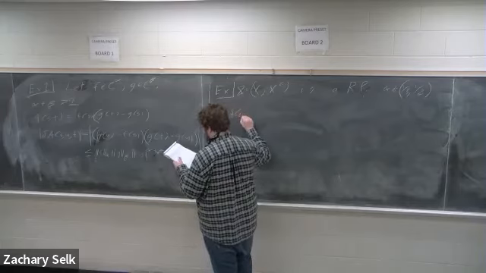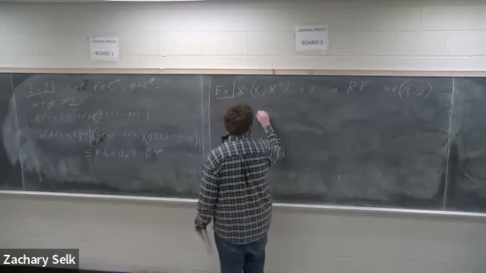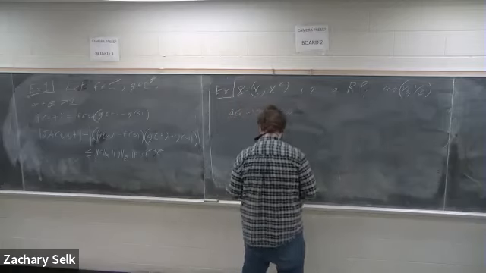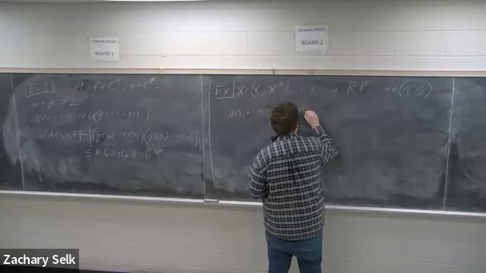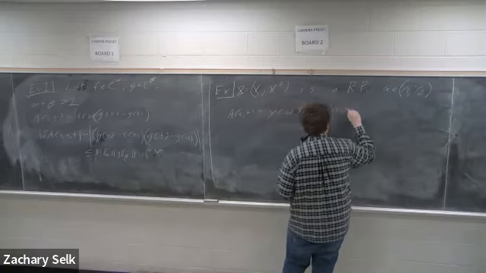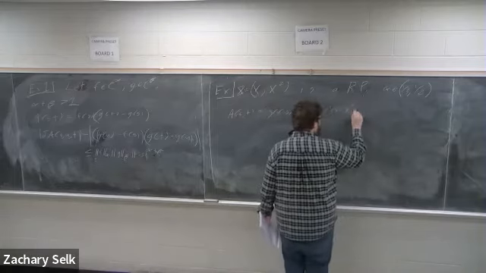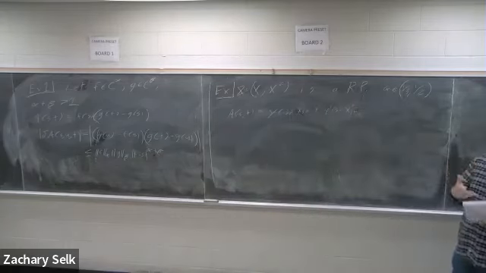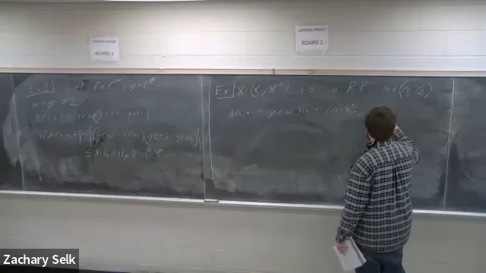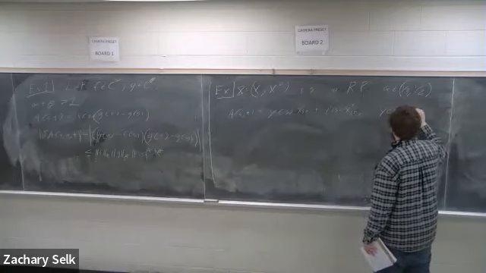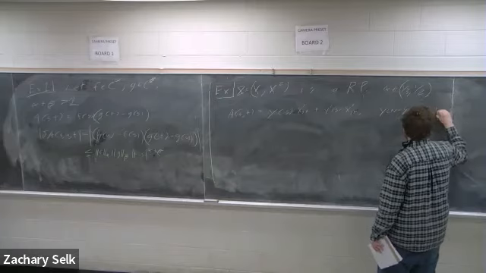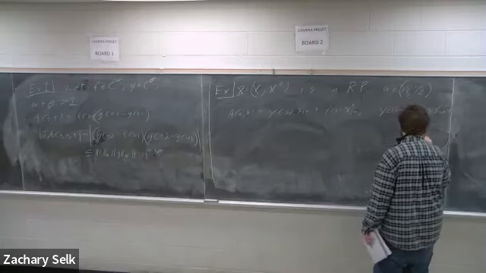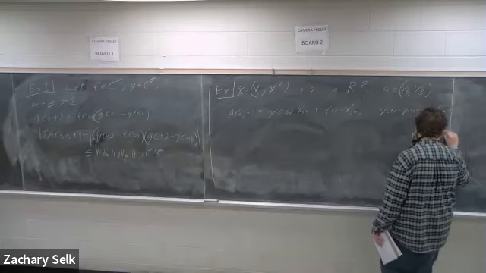Define A of ST to be Y of S times X1 ST plus Y prime of S, X2 ST, where Y and Y prime is a controlled path by X, just meaning that Y of T is equal to Y of S plus Y prime of S, X1 ST plus a remainder term R ST, where this is in C 2 alpha.